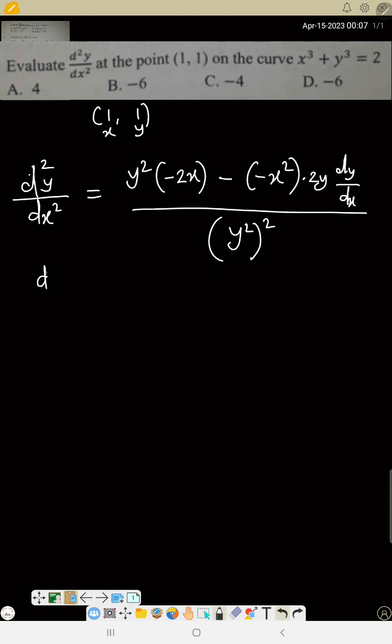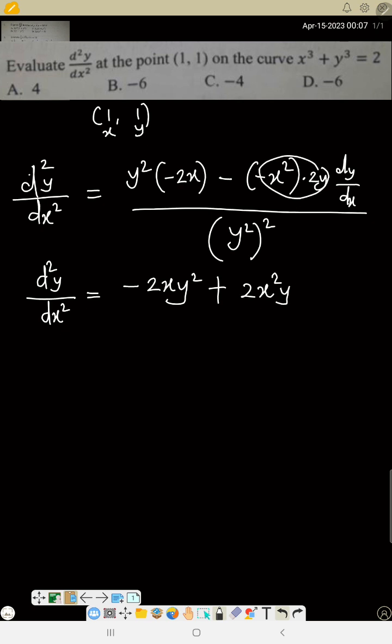So d squared y over ds squared is minus 2s y squared plus, so minus times minus, plus 2s squared y, as in we will multiply this, times dy ds.